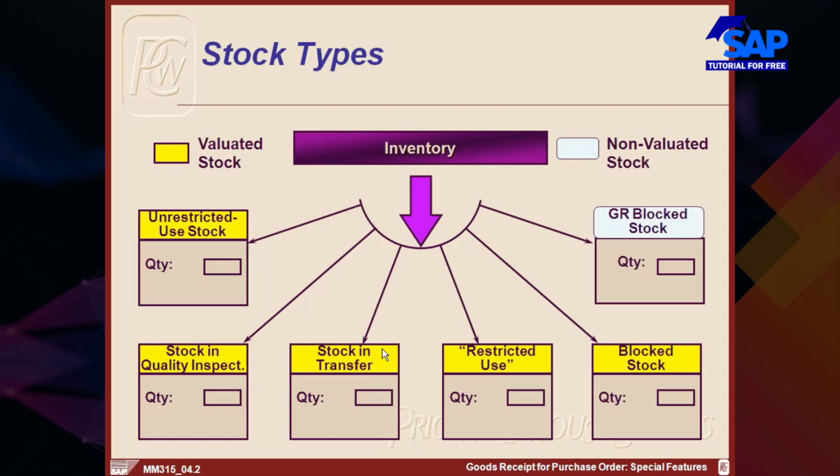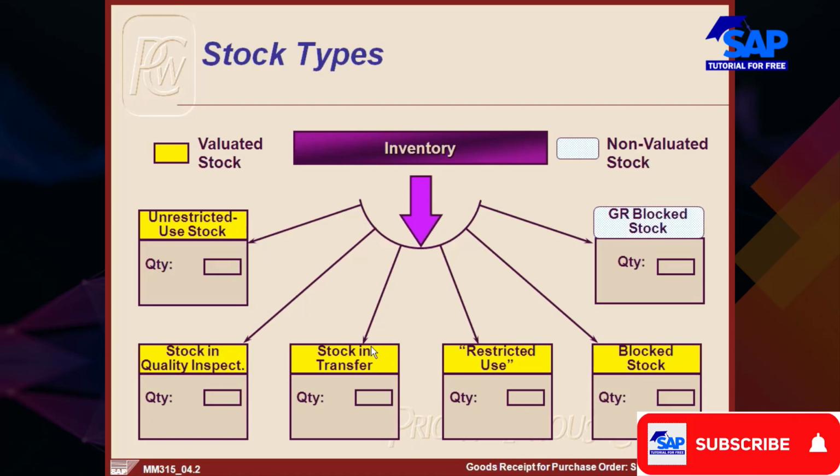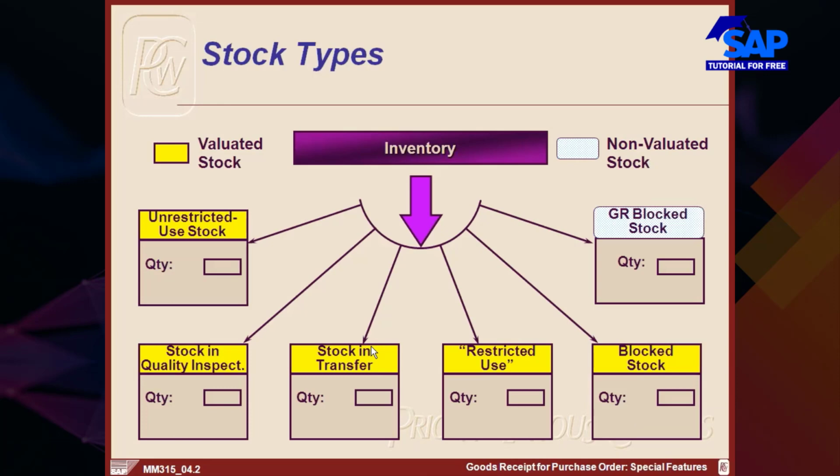Chennai and Pune. Let's say you are issuing some 10 cartons of this material from Chennai to Pune. Once the material is issued from Chennai, the work with the Chennai plant is done. Now if somebody wants to see where the stock is available for the Pune plant, it shows stock in transfer. That is a special feature which we discuss when we work with transfer postings.